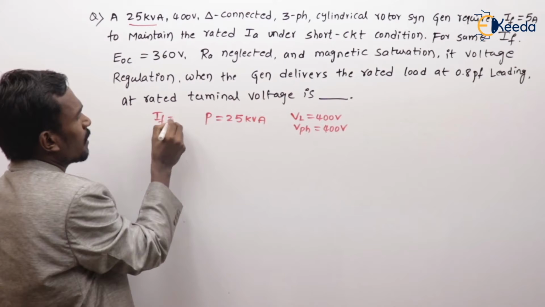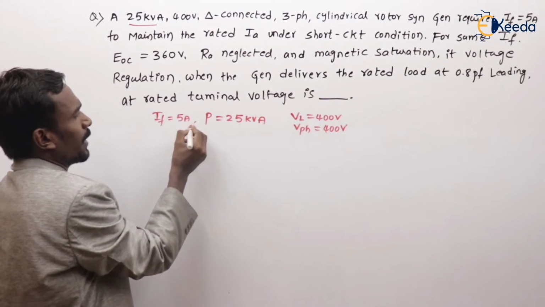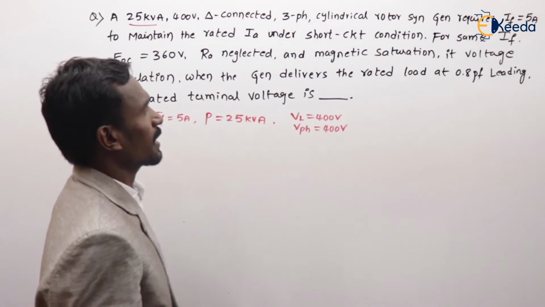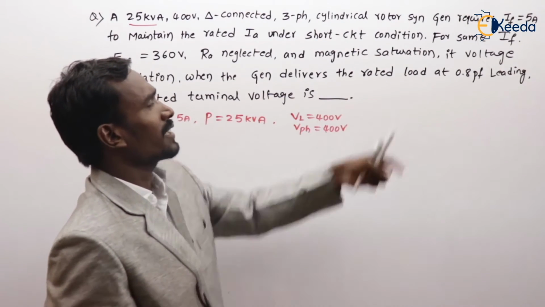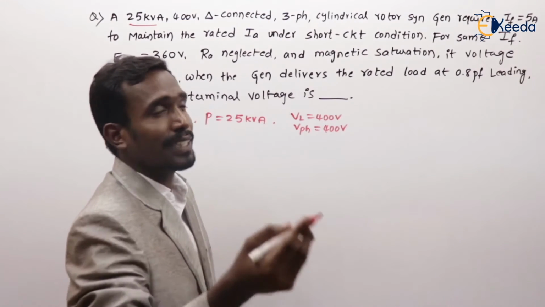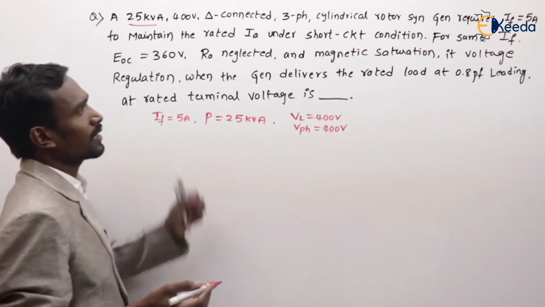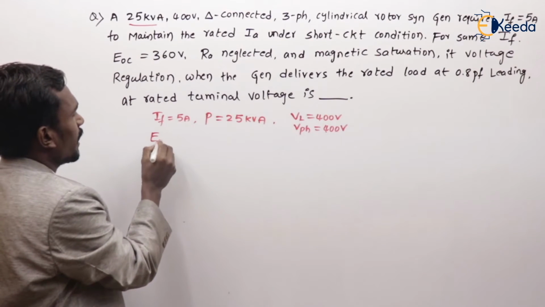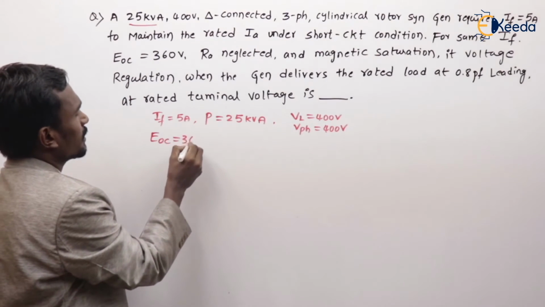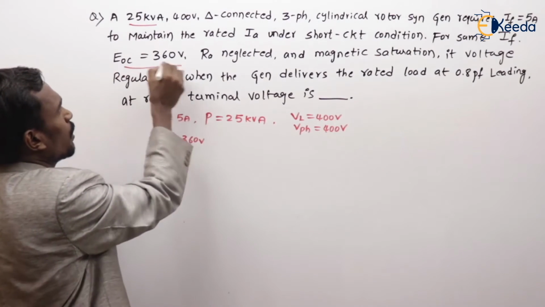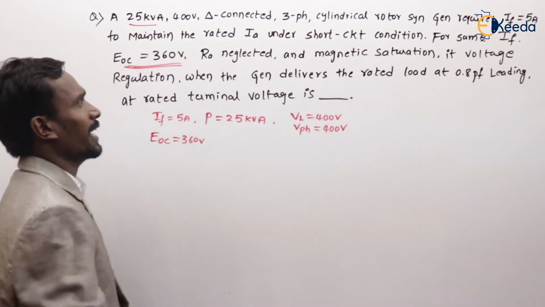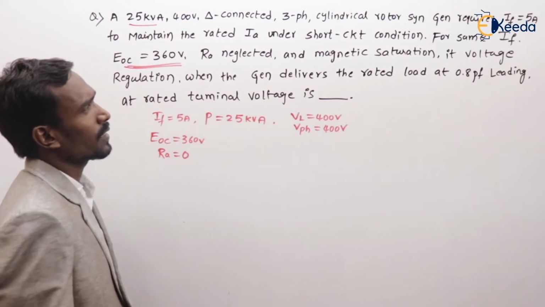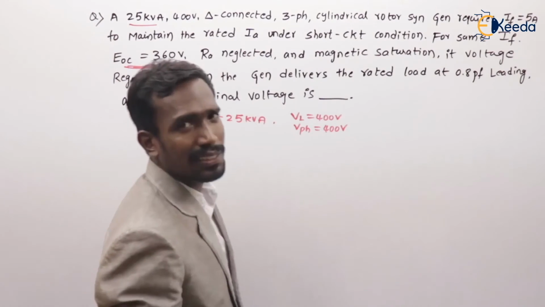Field current 5 amperes is needed to maintain the rated armature current under short circuit condition. For the same field current, the given EOC is 360 volts open circuit voltage. Armature resistance is neglected and magnetic saturation is considered.